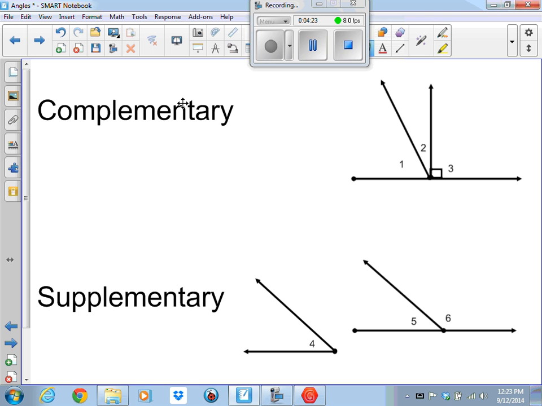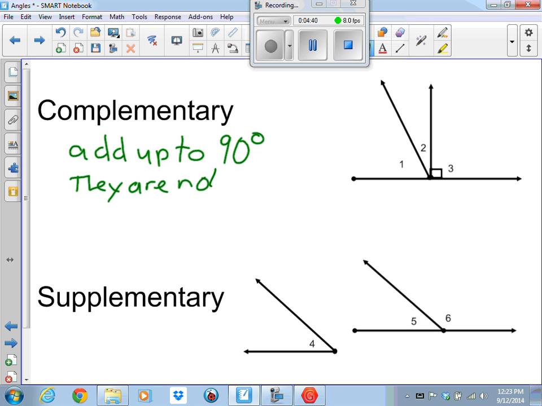The other ones that we have are complementary and supplementary. You have learned these before. Complementary angles add up to 90 degrees. The big thing is that they are not always 45 degrees. Don't just assume that.